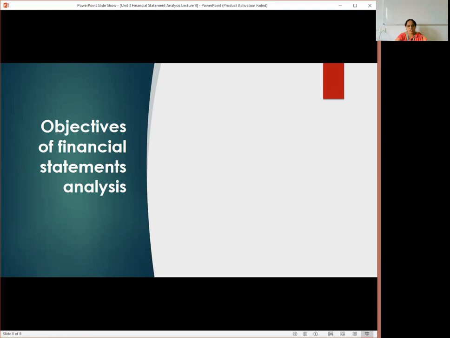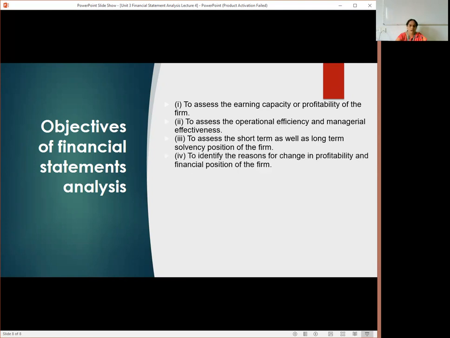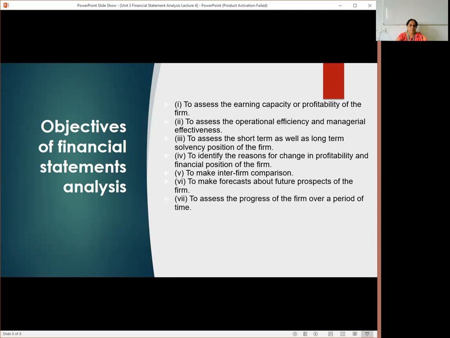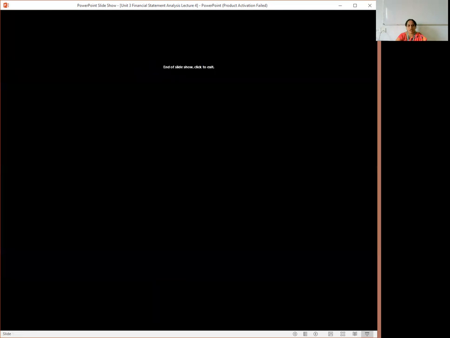Now, the objectives of financial statement analysis. The main objective is to assess the earning capacity or profitability of the firm, to assess the operational efficiency and managerial effectiveness of the company, to assess the short-term as well as long-term solvency position of the company, to identify the reasons for change in profitability and financial position of the firm, to make inter-firm comparison, to make forecasts about future prospects of the business, to assess the progress of the firm over a period of time, to help in decision making and control, to guide or determine the dividend action, and to provide important information for granting credit.